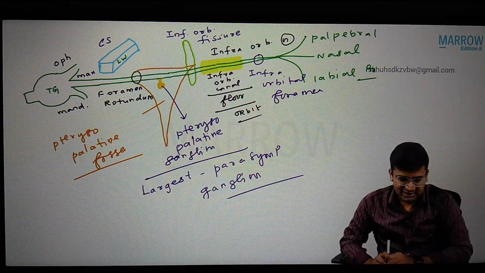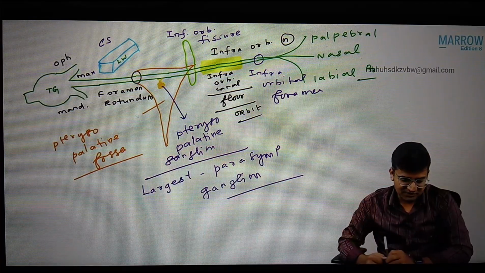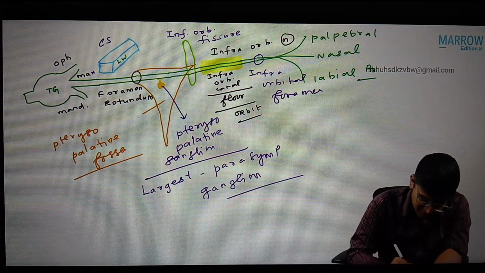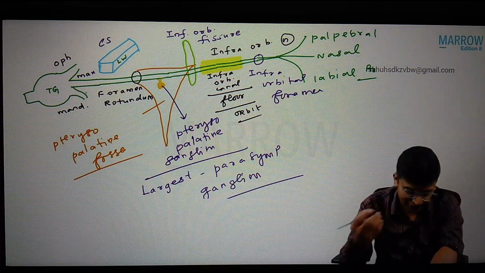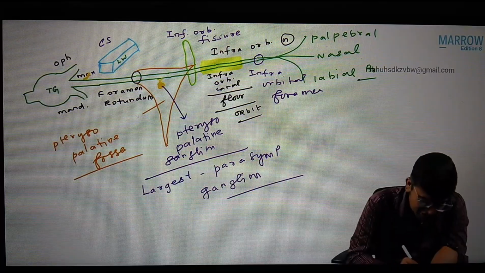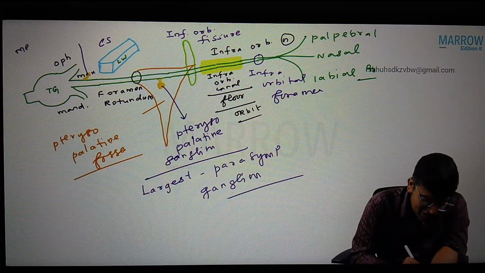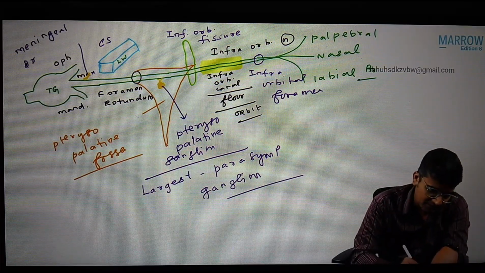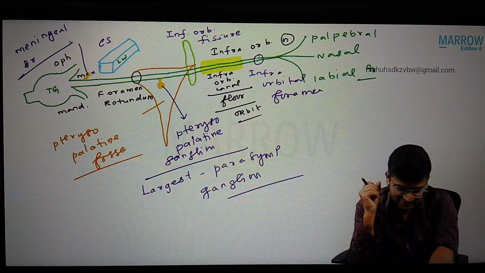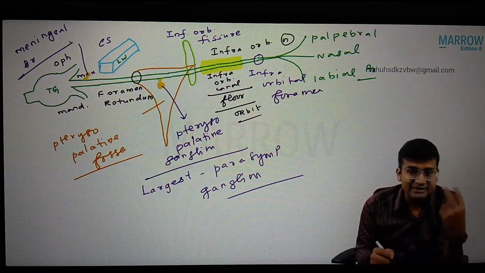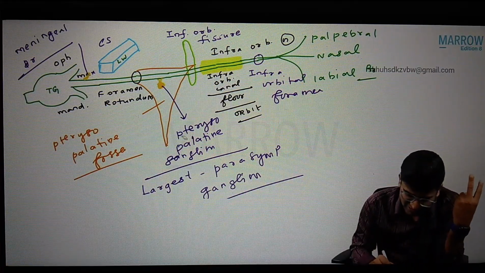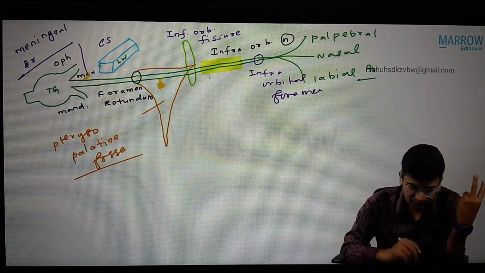Now we're going to add branches. The maxillary nerve gives a meningeal branch before it passes through foramen rotundum. I'm drawing this branch, and that is the meningeal branch. While passing in the pterygopalatine fossa, it gives two branches. Now again, I will erase all this so that we get some space.